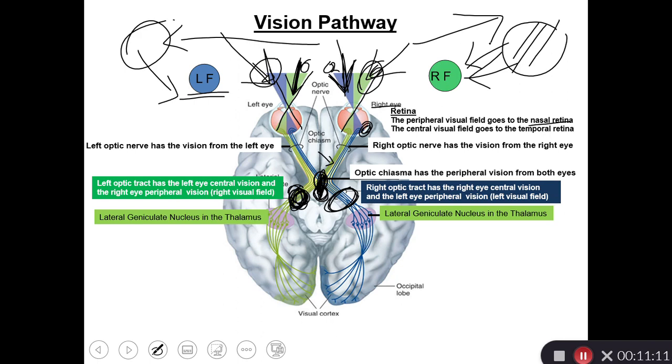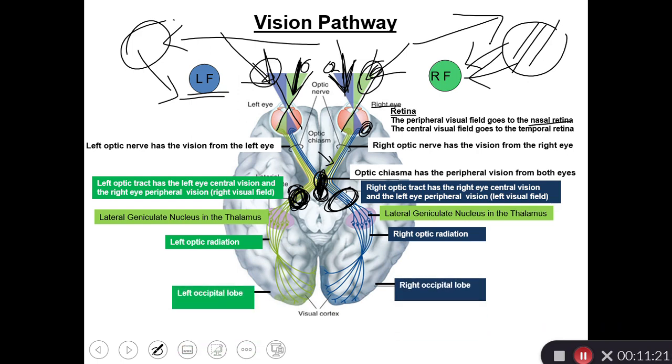From there, we have the optic radiation carrying the vision to the occipital lobe, which is the vision center. So the right occipital lobe has your left vision field, and the left occipital lobe has your right vision field.